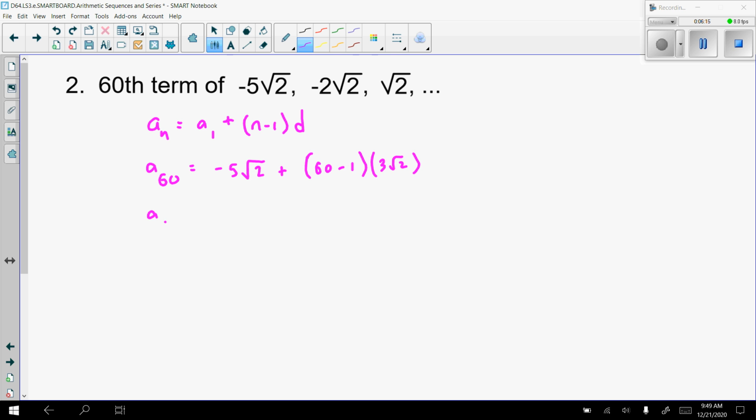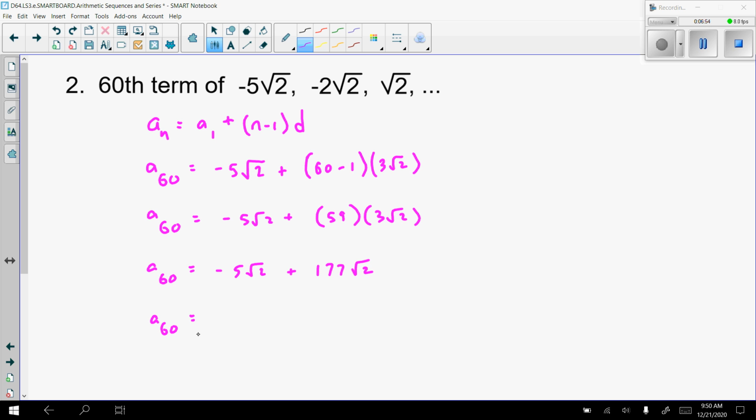We have a sub 60 equals negative 5 square root of 2 plus 59 times 3 square root of 2. Now we can multiply these. 59 times 3 square root of 2 is 177 square root of 2.